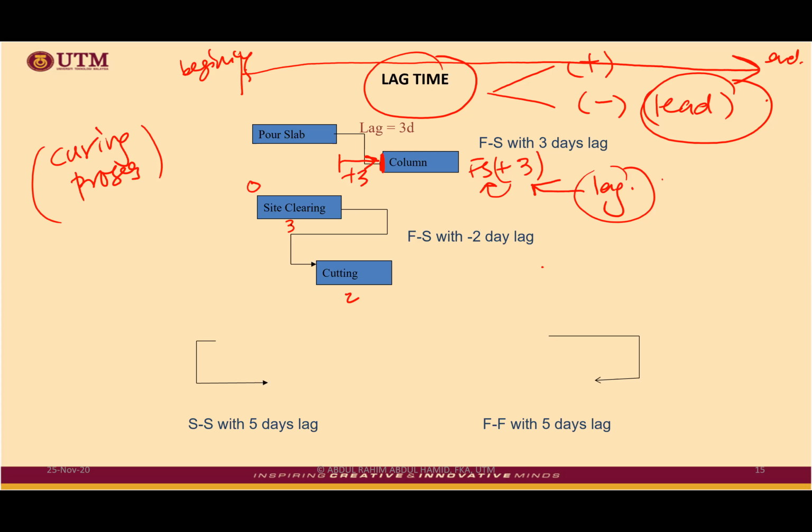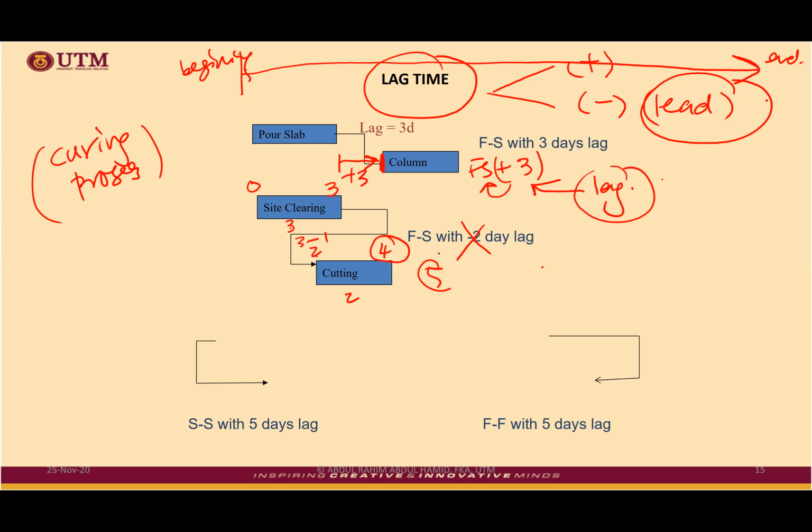0. 0 plus 3 equivalent to 3. So nothing is affected with the first activity, but with regard to the second activity, you notice 3, you have to minus 1. 3 minus 1 equivalent to 2. 2 plus 2 equivalent to 4. See, you completed at 4 days. By right, without this thing, you are going to complete it at 5 days, because 3 plus 2 equivalent to 5.